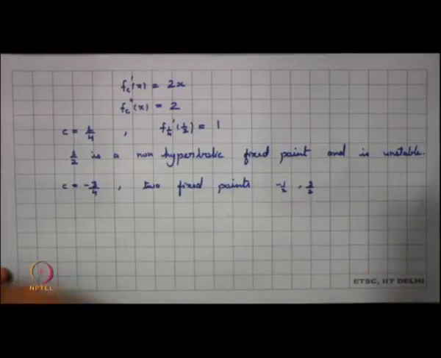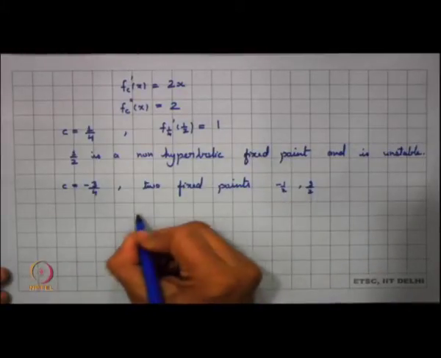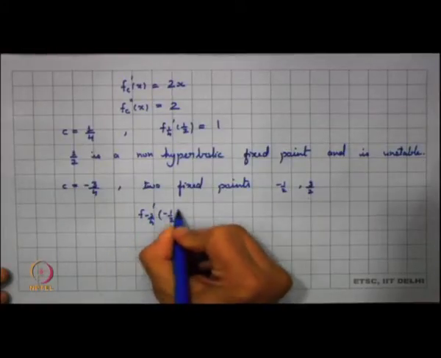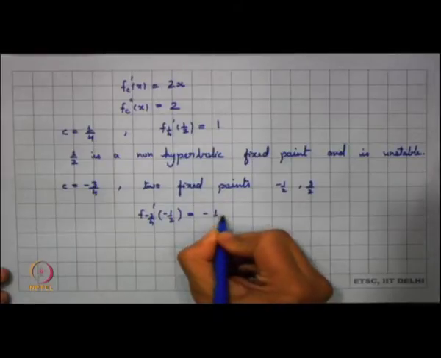Now, what happens at minus half? So, we find that f minus 3 by 4 prime at minus half is nothing but minus 1.